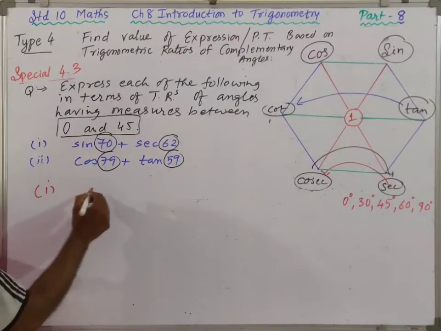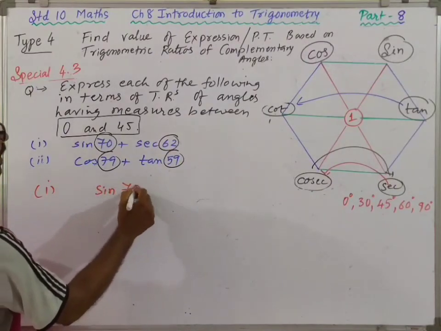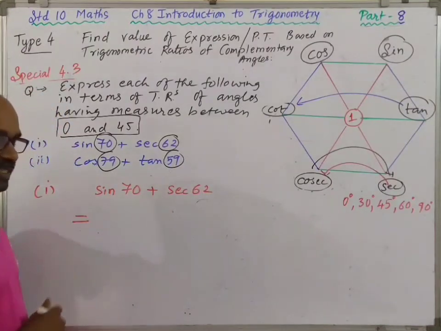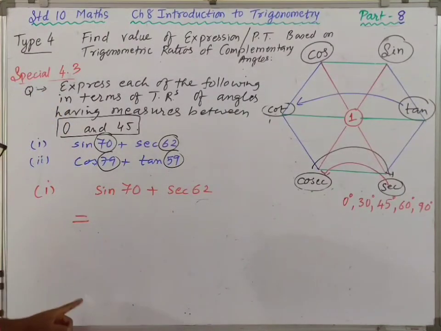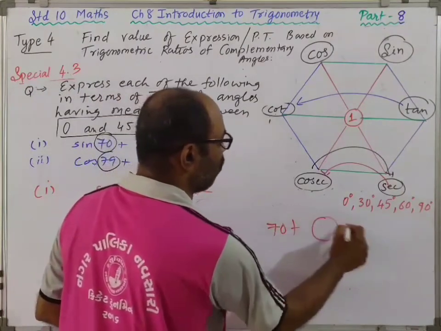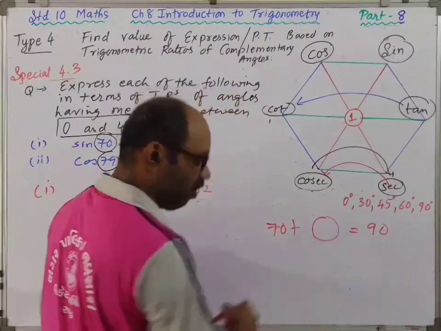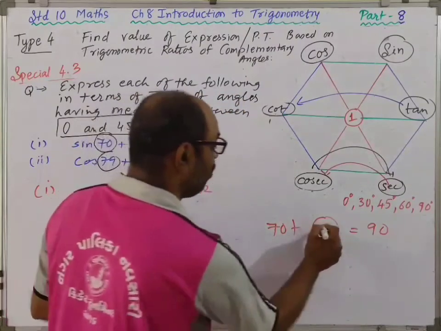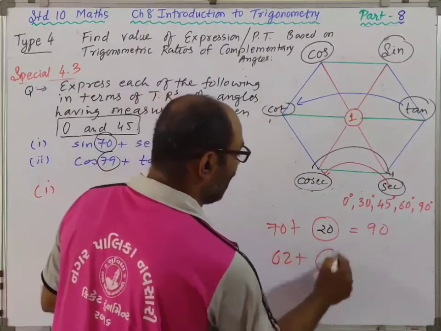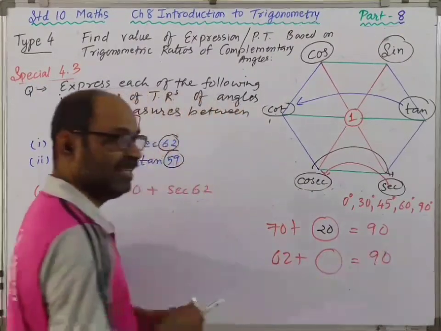Let's see the first one. sine of 70 plus sec of 62 is equal to, this is expression, so equal to will go down as an indicator. चलिए 70 plus what is 90? Obviously it is 20. The next one is 62. 62 plus what is 90?